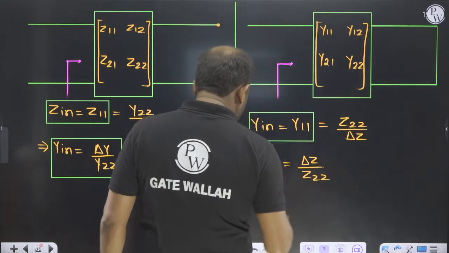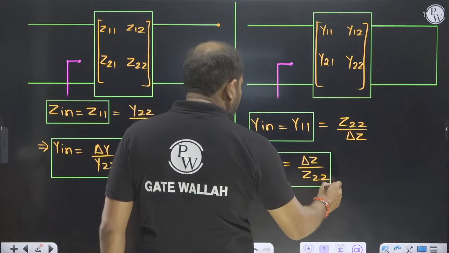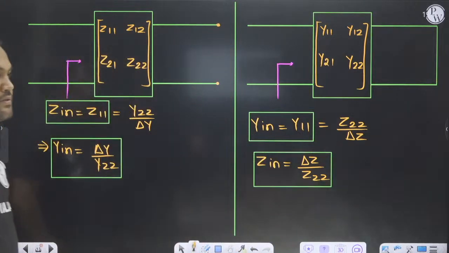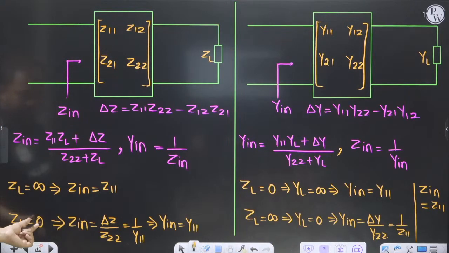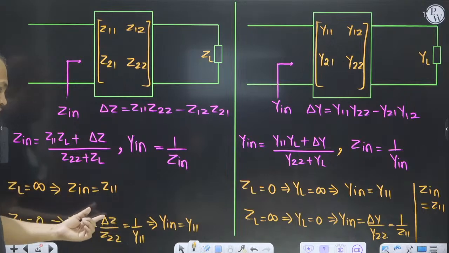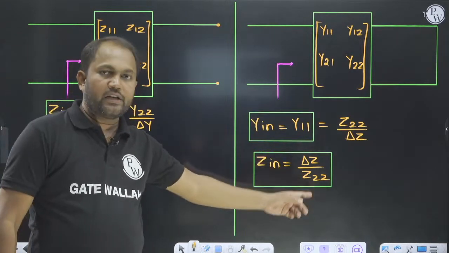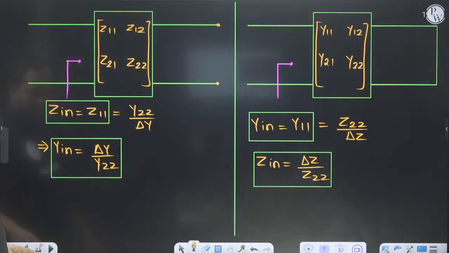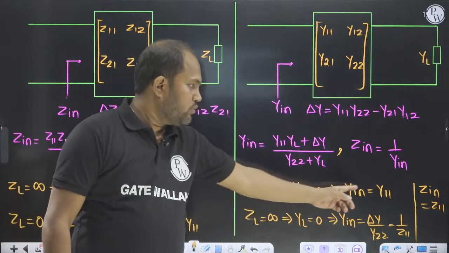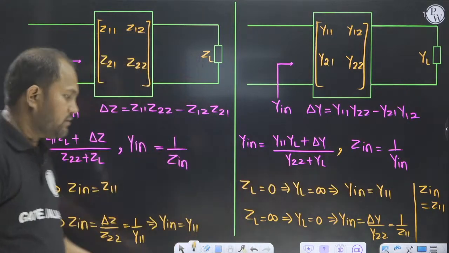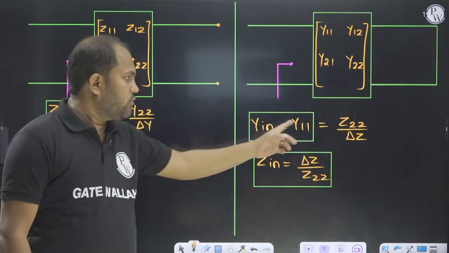So in case of short circuit, Zin is equal to delta Z upon Z22, and Yin is equal to Y11.